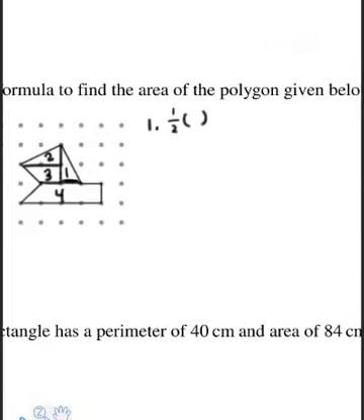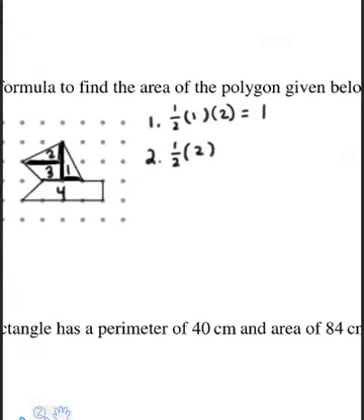The base here is a unit length of 1, and the height here is the height of 2. That's equal to 1. If we do the second shape, 1/2, we could say this base of 2 and that's height of 1. That also equals 1.